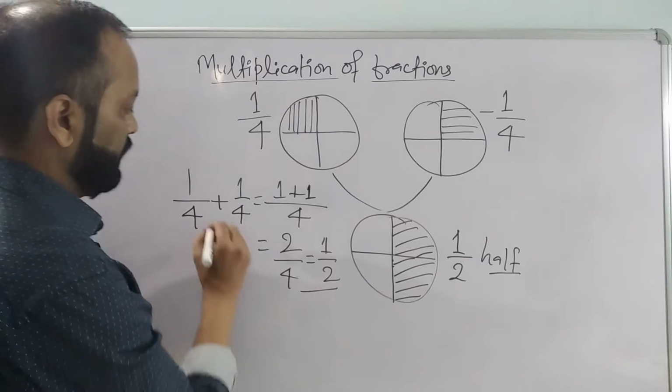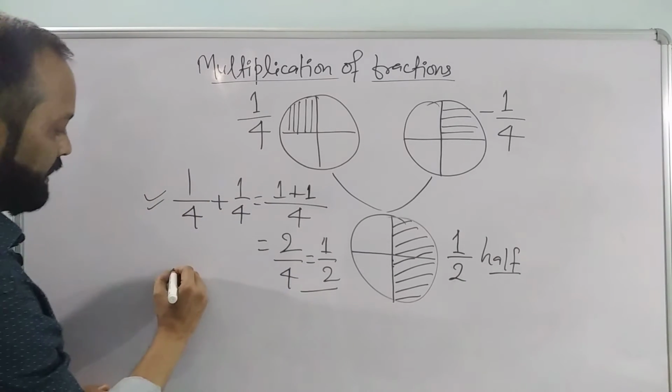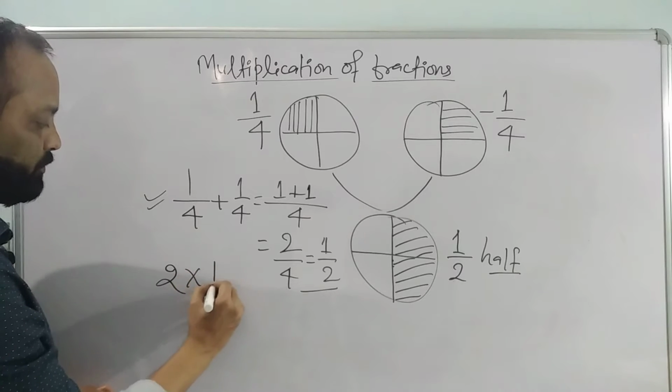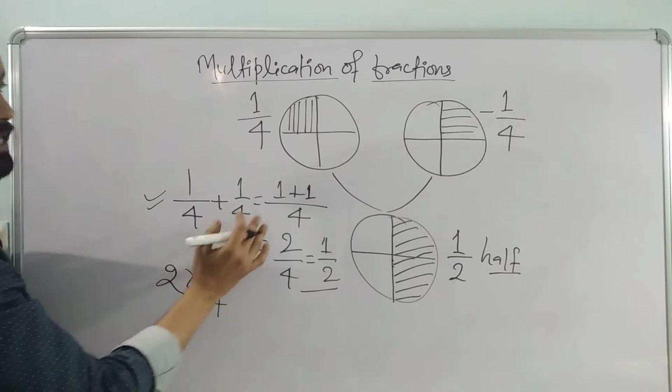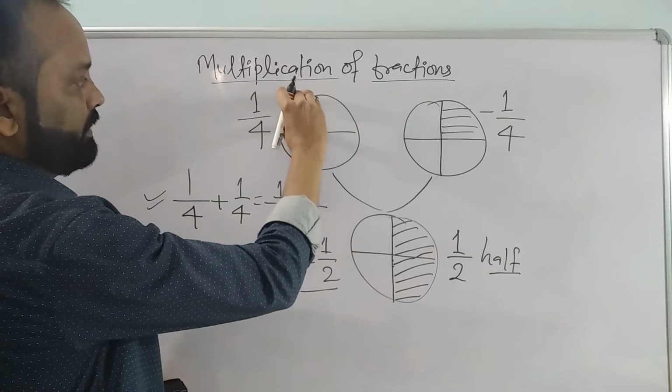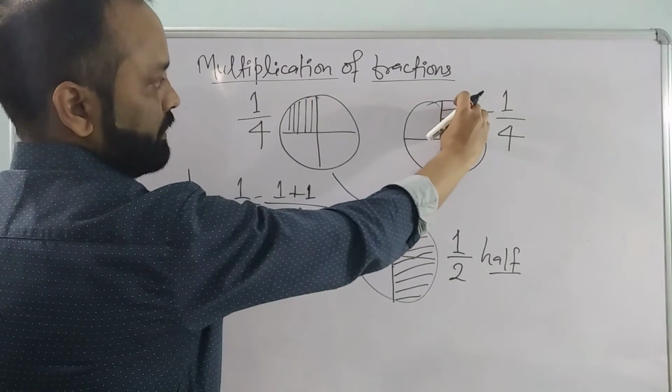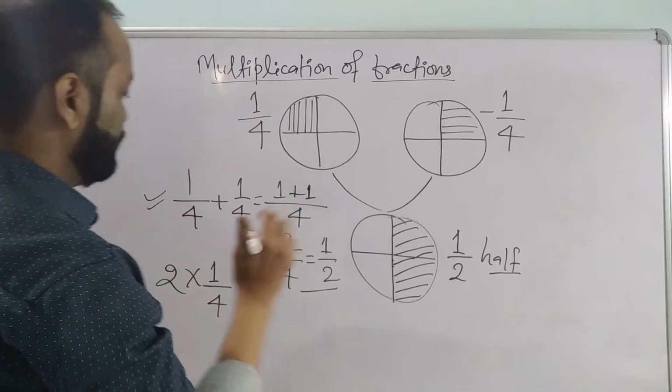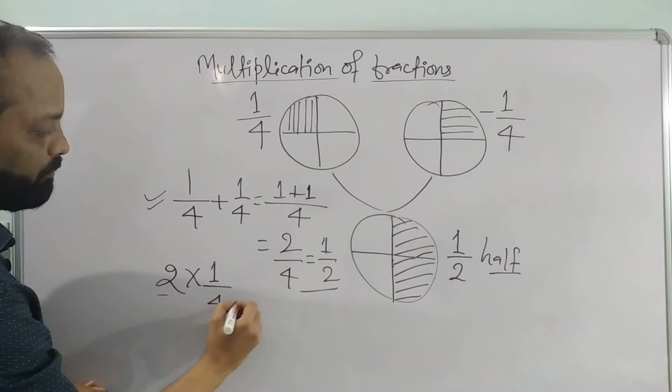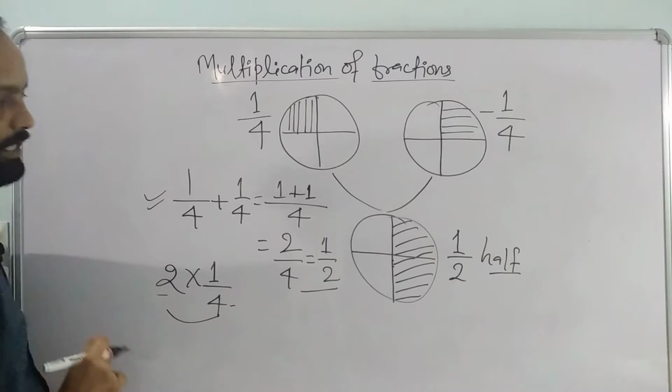Now can we write it as 2 into 1/4? This is 2 times actually. The first part is 1/4 and this is again 1/4, so 2 times are there, so 2 into 1/4. So this is basically the multiplication.